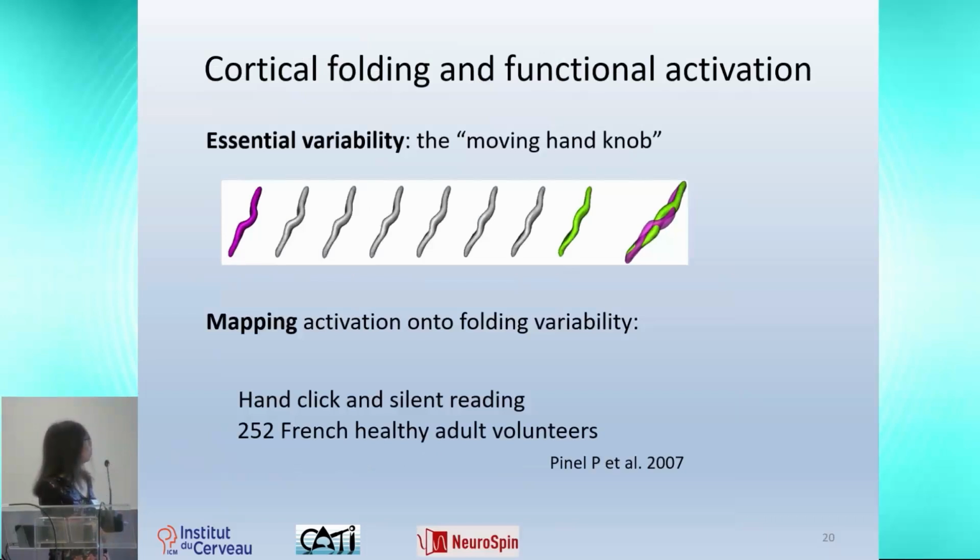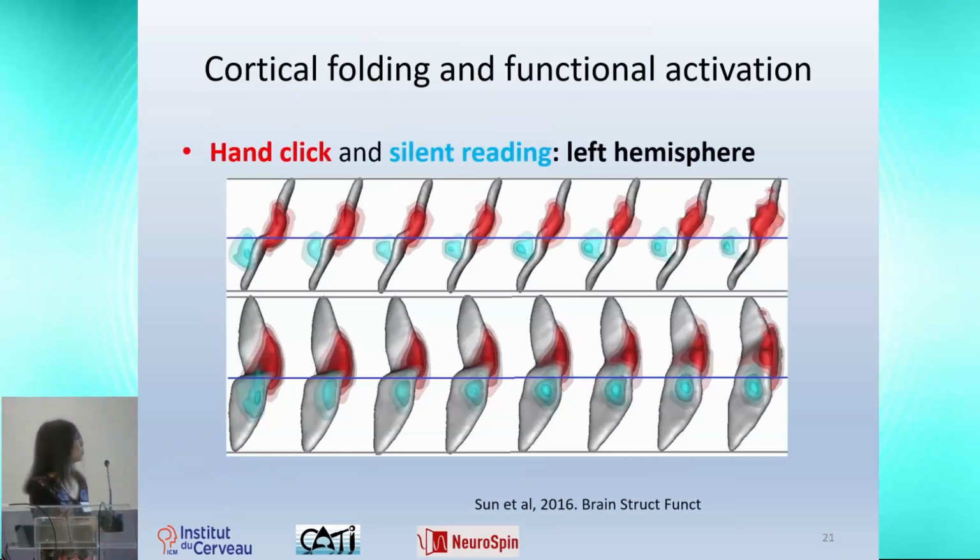And so we try to make a link of this kind of study of the cortical folding with the functional activation. There's this study that has hand click and silent reading of the function. So the hand click is the red one, and you can see that it follows the hand knob.